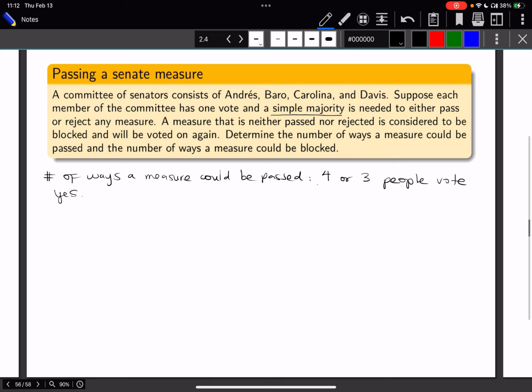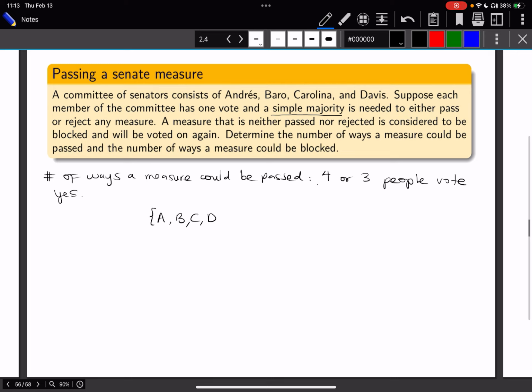Now, to get 4 people voting yes, we just put everybody in a group. So we can think of Andres, I'm just going to write A, Varo, Carolina, and Davis voting. The order doesn't really matter. We're just thinking of the outcome of the voting procedure. We would put those people in a group, and they all vote yes, and that's one way of getting the measure to pass.